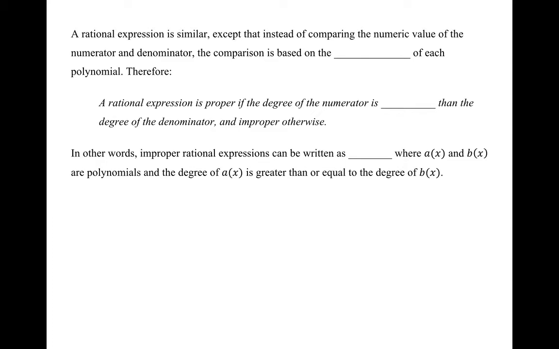Rational expressions are similar, except instead of comparing the numeric value, so the number on the numerator and the denominator, we are going to compare the degree. Therefore, a rational expression is proper if the degree of the numerator is less than the degree of the denominator, and improper otherwise.